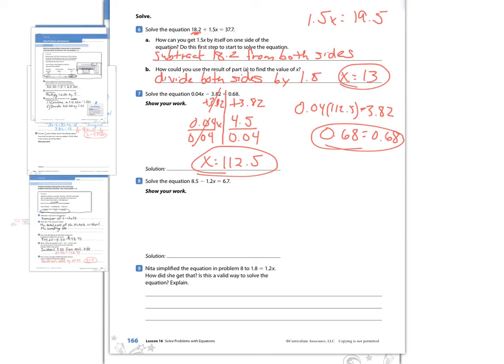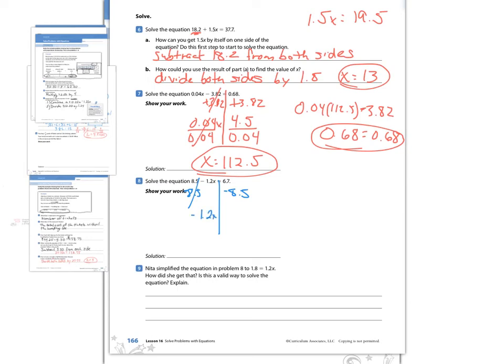Number 8, solving this equation. Once again, variable term, isolate by using inverse operations. So I'm going to subtract 8.5 from both sides. This is one we have to be careful of, because when I look at my remaining value on the left-hand side, it is not 1.2x.